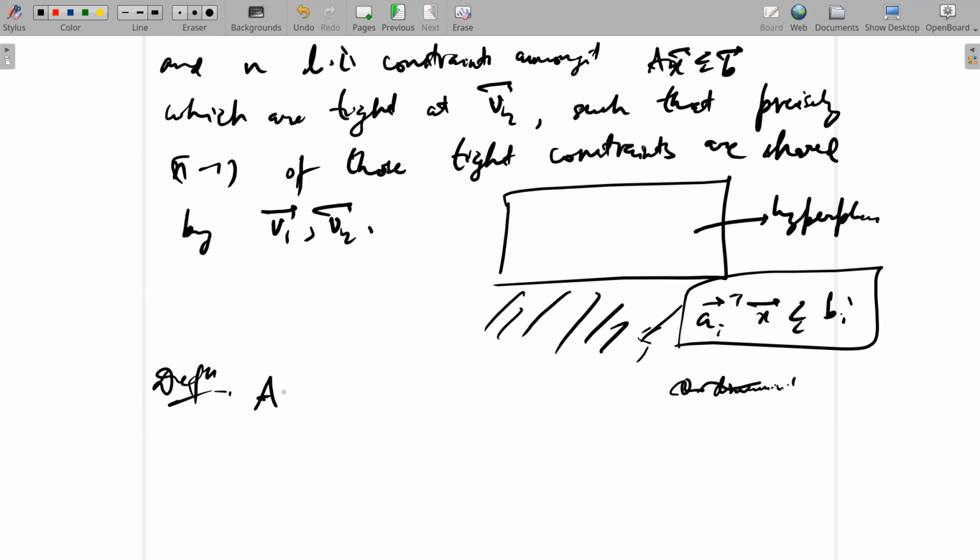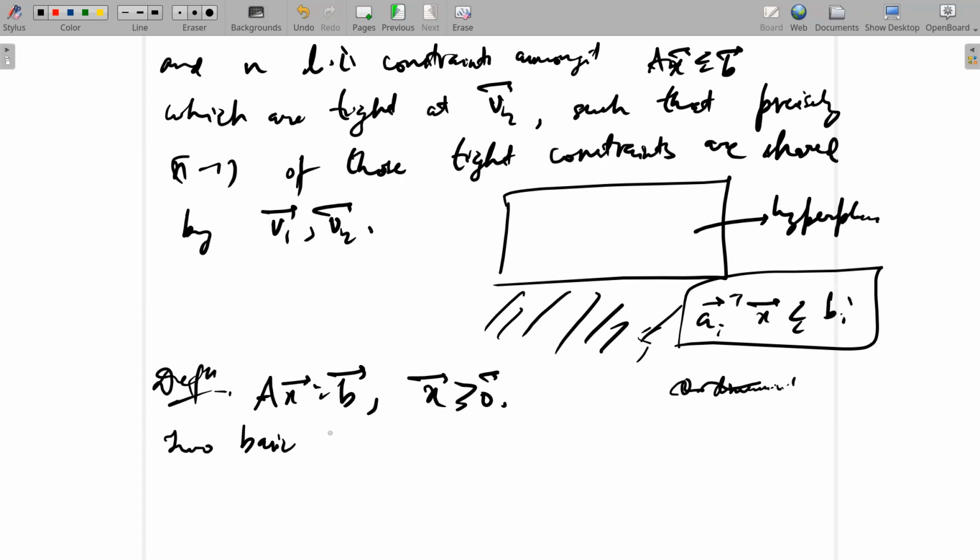Now let's say you have this matrix A and an LP in standard form. So Ax equals b, and you have all these sign constraints. Because here the cost function is not really playing a role, I'm not going to talk about a linear program, but rather let's call this a polyhedron in standard form.